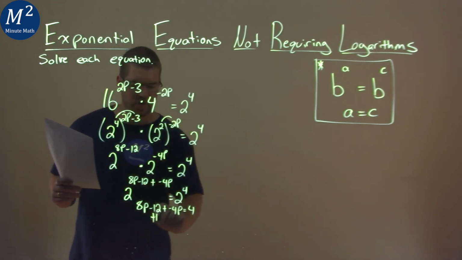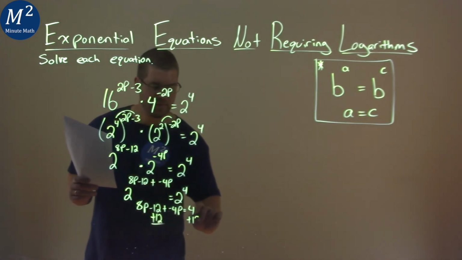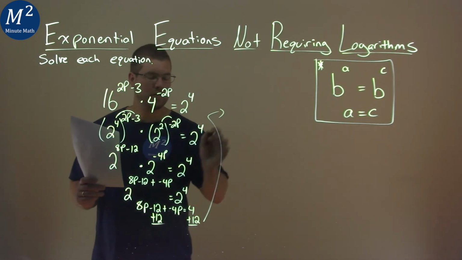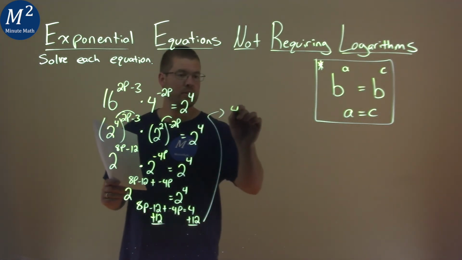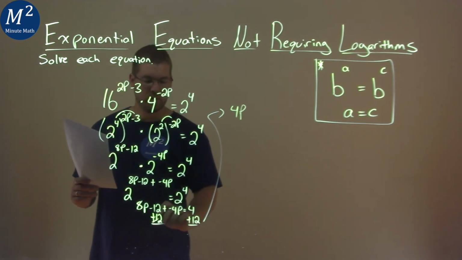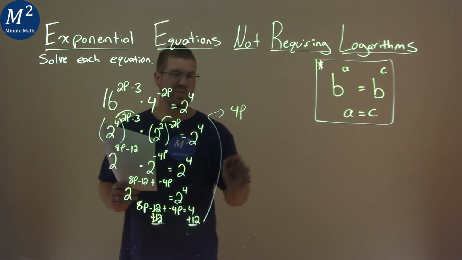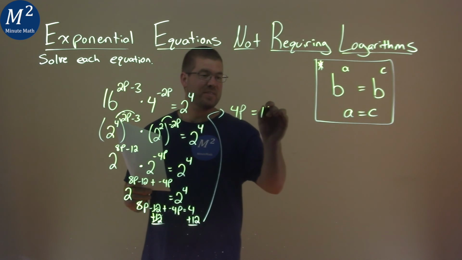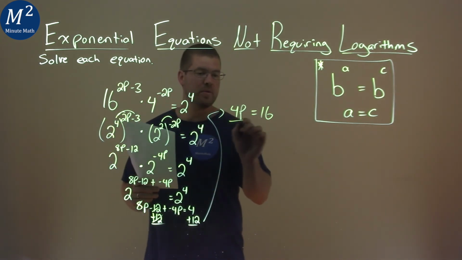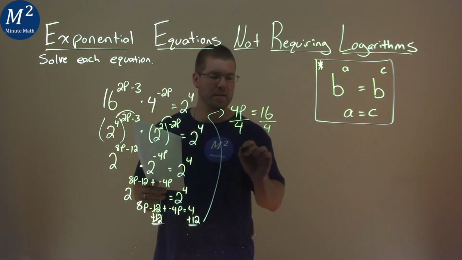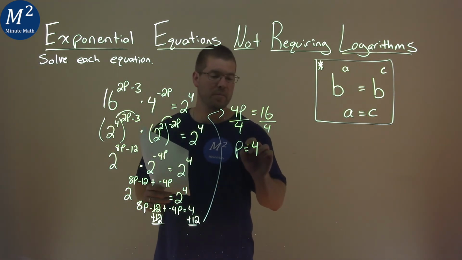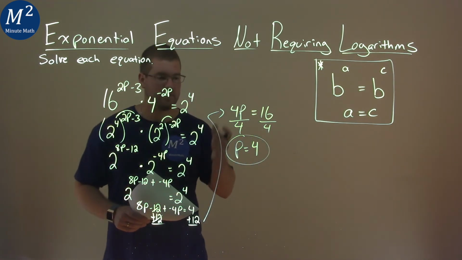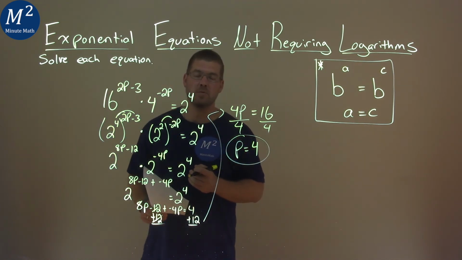I'm going to add 12 to both sides, and I'm going to rewrite this up here so I have a little more room. 8p minus 4p is just 4p. The 12 cancels on the left, and 4 plus 12 is 16. Divide both sides by 4 to get p by itself, and 16 divided by 4 is 4. And so after all that, our final answer is p equals 4.